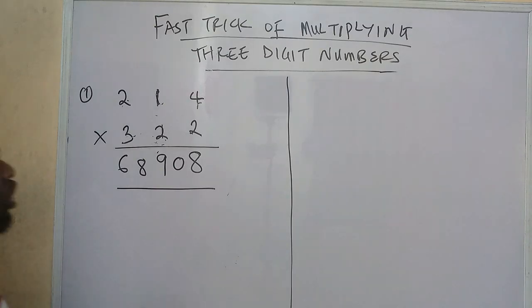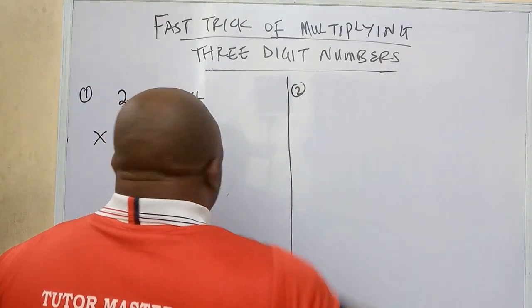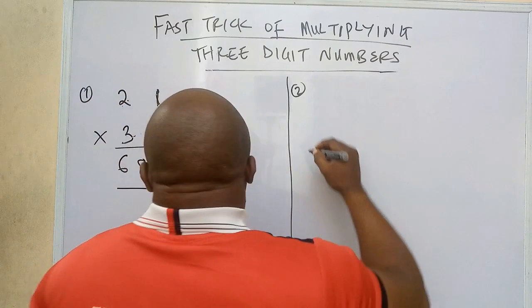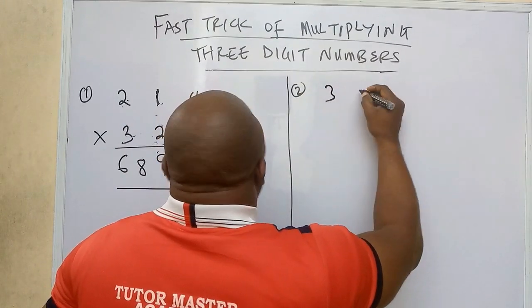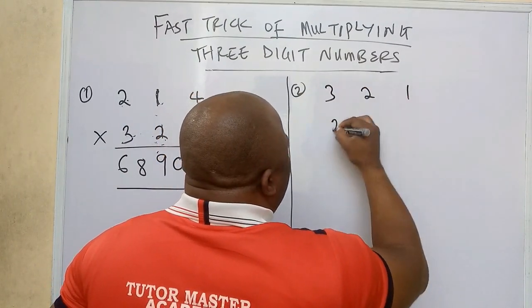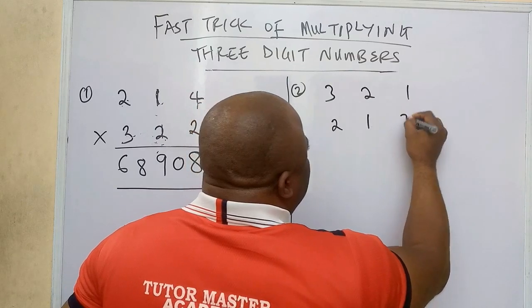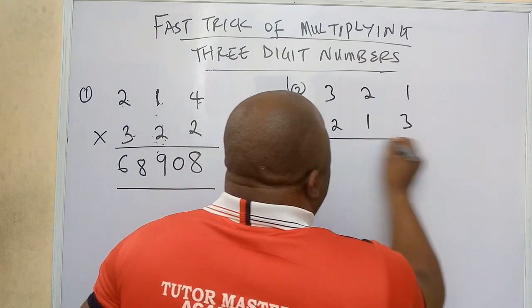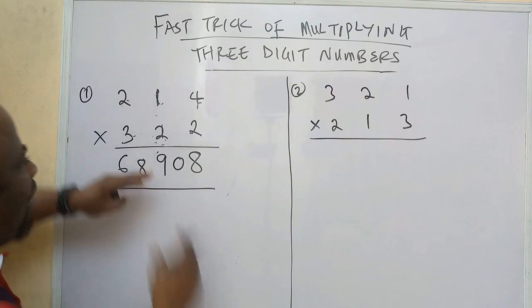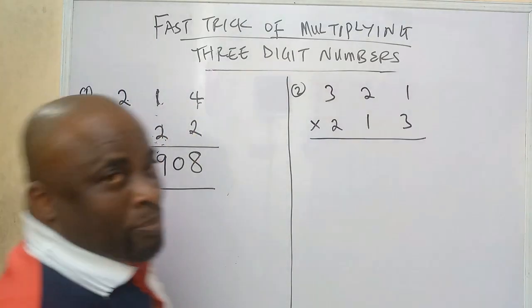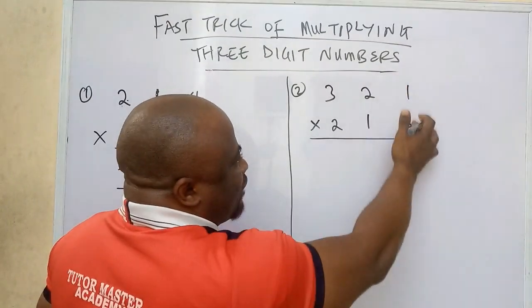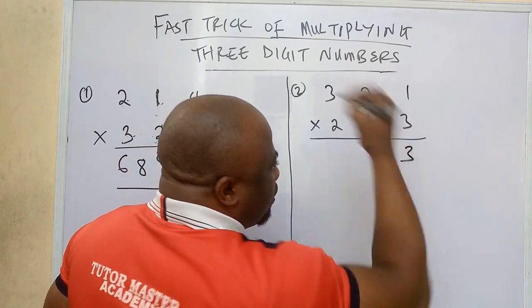Okay, now let's all look at this. Now we don't want to go through all those ones now. If you are multiplying 3, 2, 1 and 1, 1, 3, we want to multiply this. Now we have explained everything here. The way I'm going to do it, I said you multiply this by this first. 3 times 1 is 3.